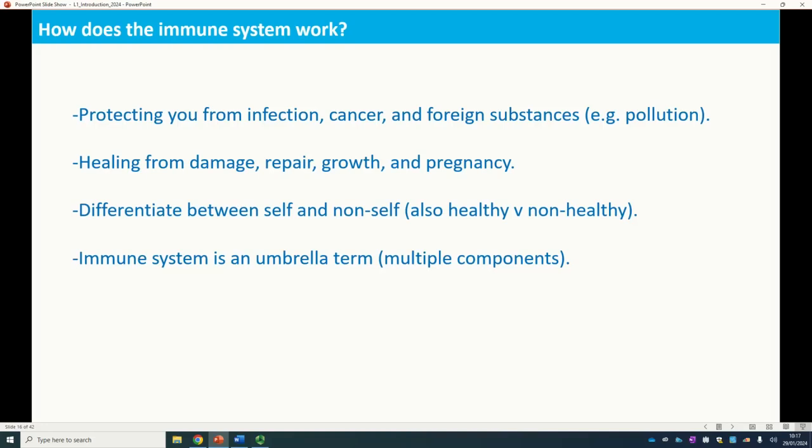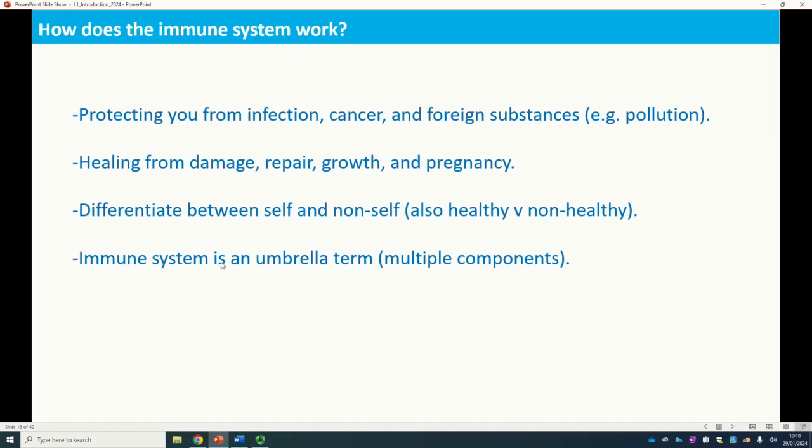So when we talk about self, we obviously mean our own cell tissues, and non-self perhaps being a pathogen or something like that. But then that also applies to healthy versus non-healthy. So as we mentioned earlier, the immune system plays a key role in detecting cancer and transformed cells. So that's how that would fit in there.